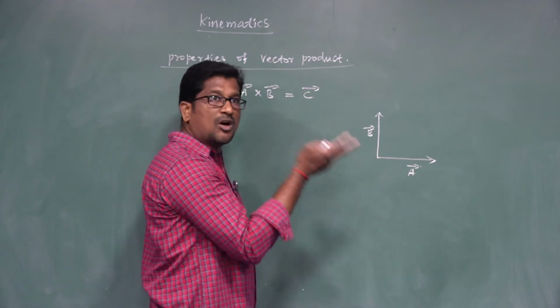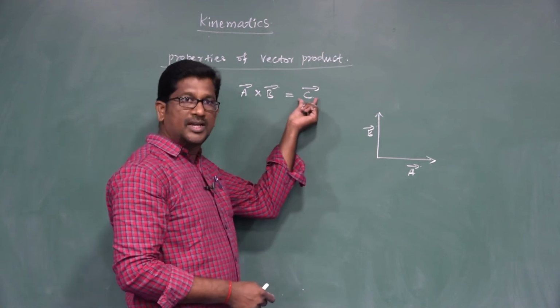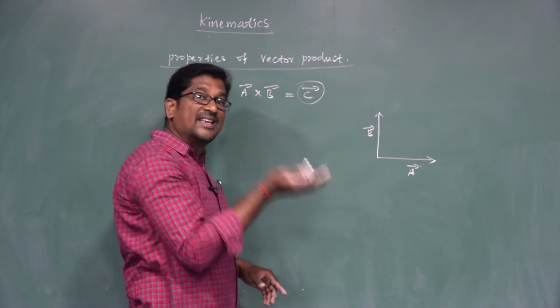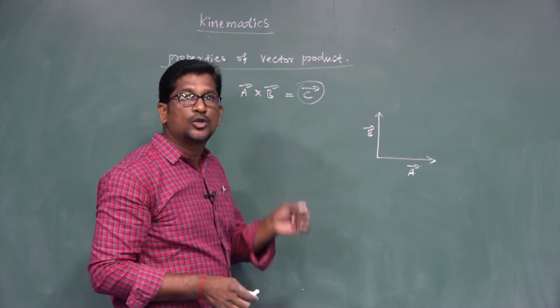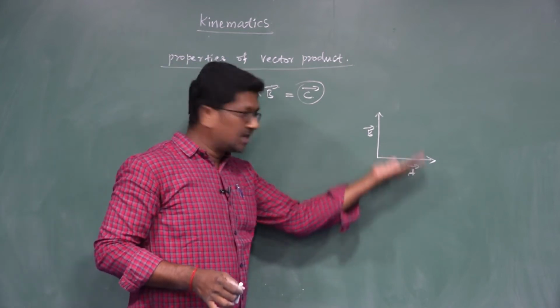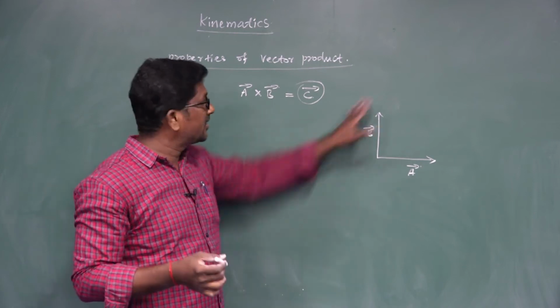The cross product or vector product of these two vectors gives another vector, the C vector, whose direction is always perpendicular to the plane containing the two vectors, A vector and B vector.